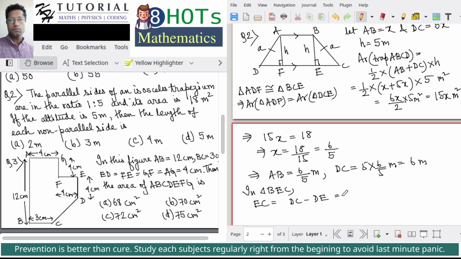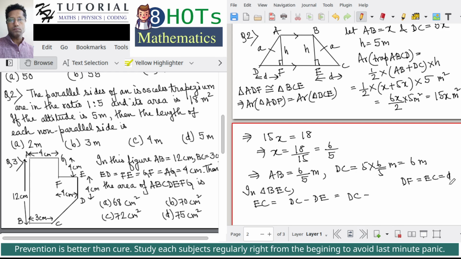Since triangles ADF and BCE are congruent, DF will also be equal to EC.